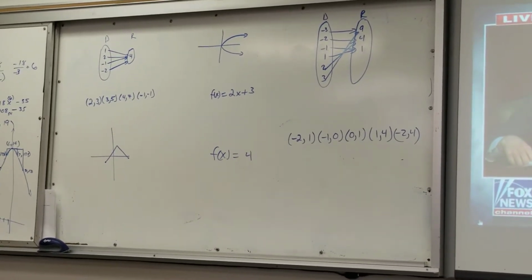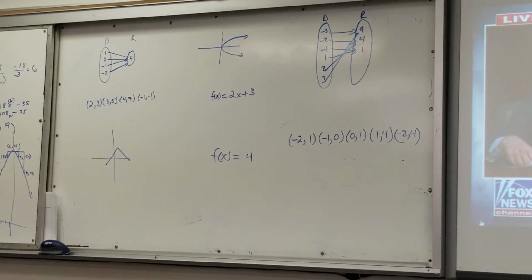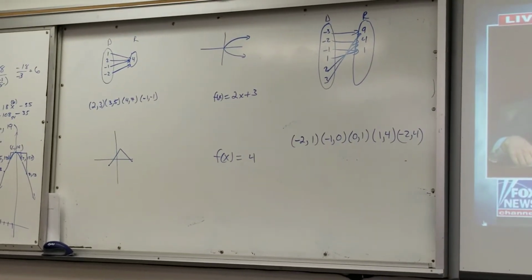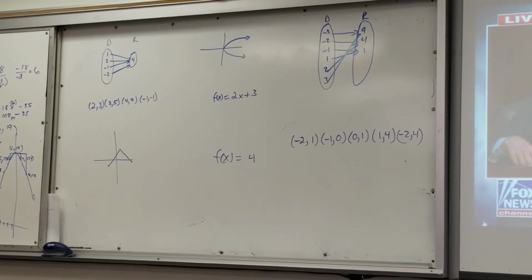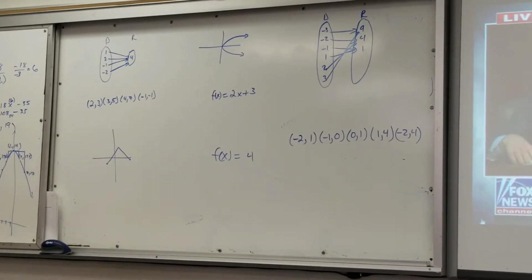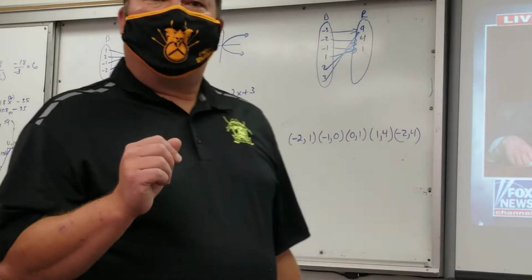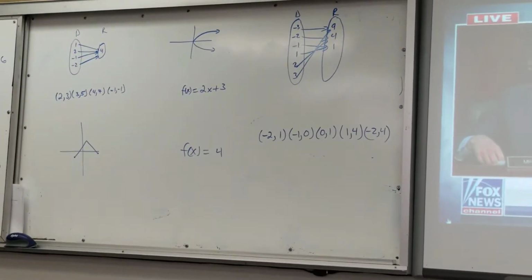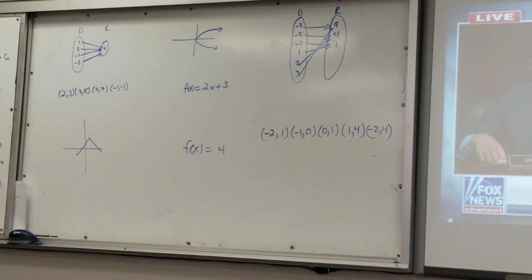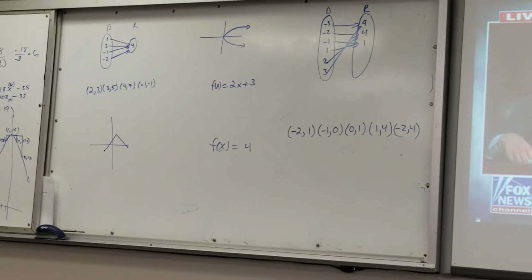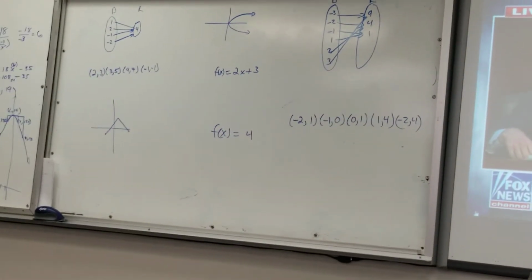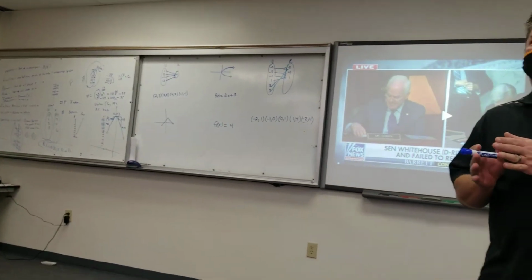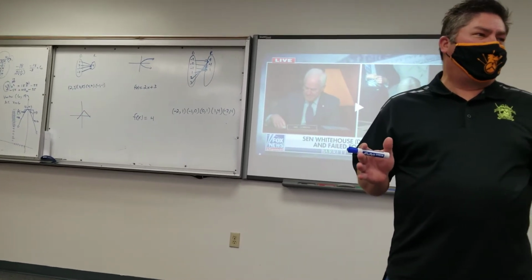And the other thing that we're going to talk about that I want to make sure you know is discrete versus continuous. So discrete means either a beginning and an end. A discrete function has a beginning and an end, or it has exact points not filling in the in between.